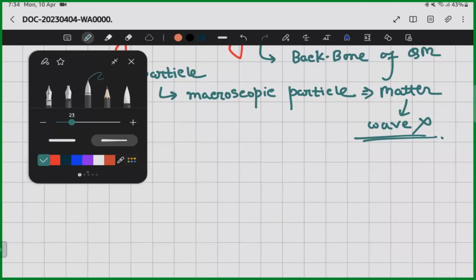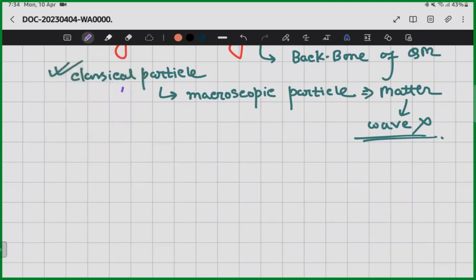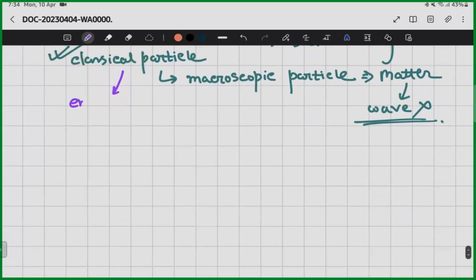This classical particle has a feature: the energy of this particle is continuous. That means it can have any energy. We can give any amount of energy; there is no restriction. It can have a kinetic energy of 1.2 joule, let's say if we throw it. It may be 1.2 joule, it may be 1.1119 joule.